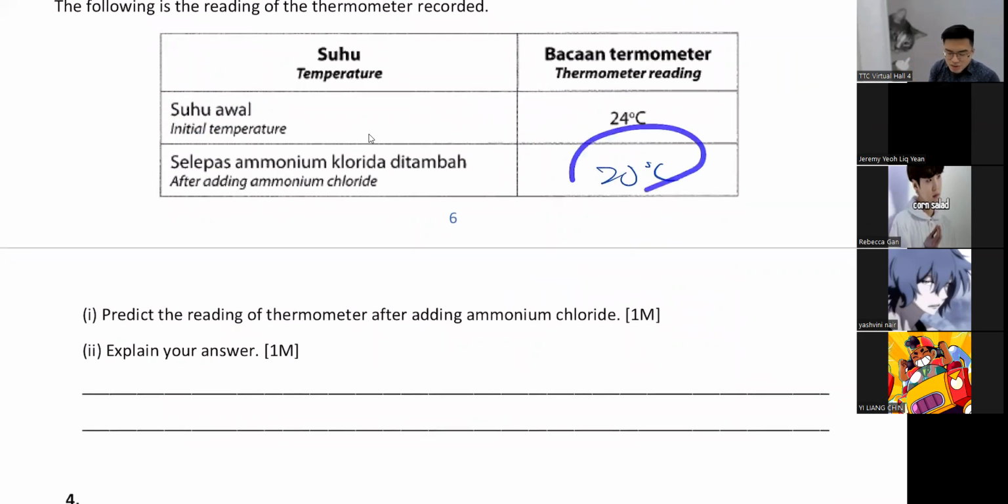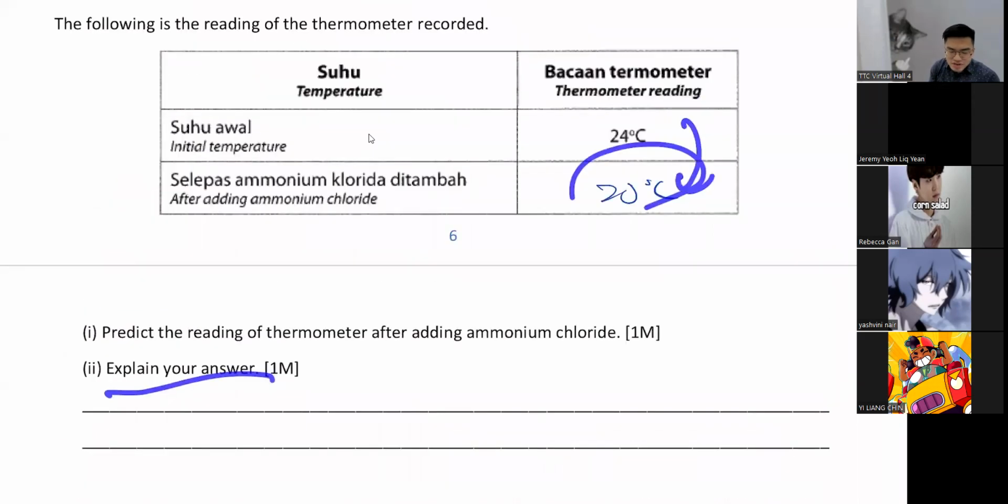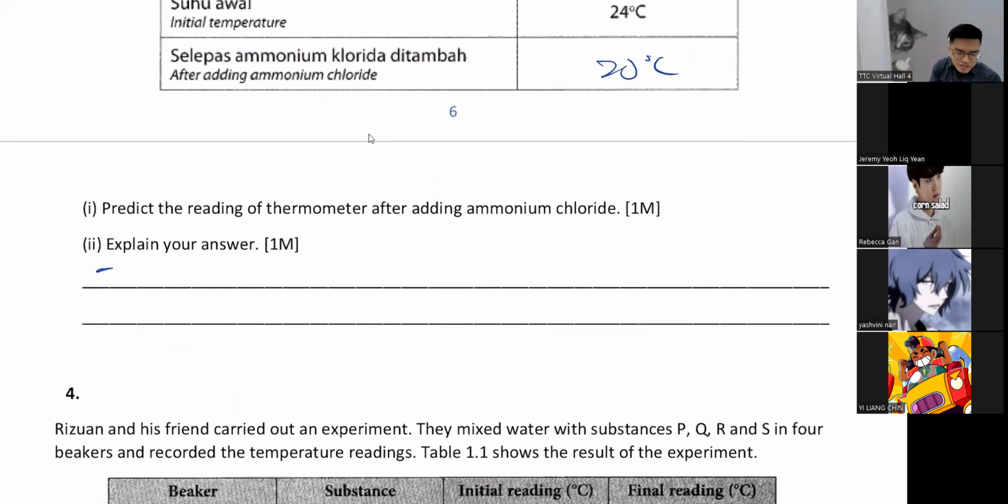So I'm going to put 20 here. So explain your answer. Why is it decreasing? Because this reaction absorbs heat, it is endo. Tindak balas ini adalah endothermic.